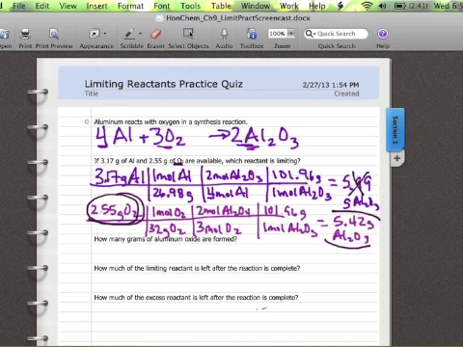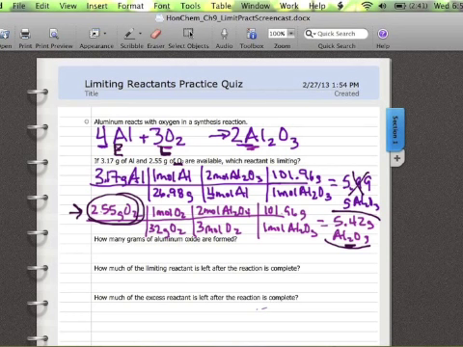I'm going to go back to my original equation just so I can label things so I remember when I do all the rest of these problems later on. So again, oxygen is limiting, so I'm going to put an L there, which tells me that aluminum is my excess. Oxygen limiting, aluminum excess, and that's because when I ran those two problems, the problem with the oxygen made less, and that tells me that the oxygen would run out first.